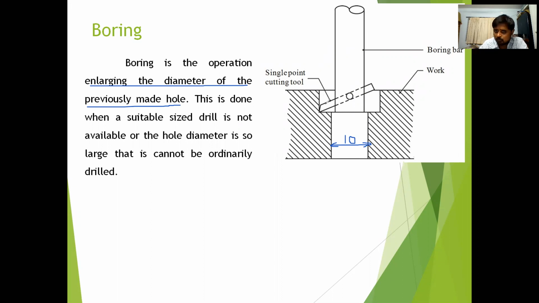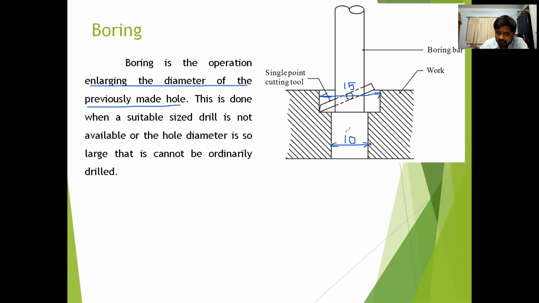By using this boring bit, we enlarge the hole which is already drilled. So the diameter of the final hole is, let's say, 15 mm. We are going to enlarge the diameter from 10 to 15 mm. So this is the boring operation.